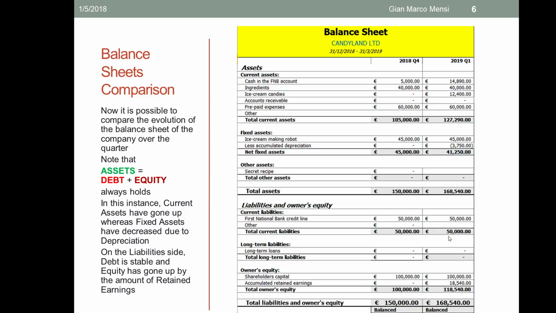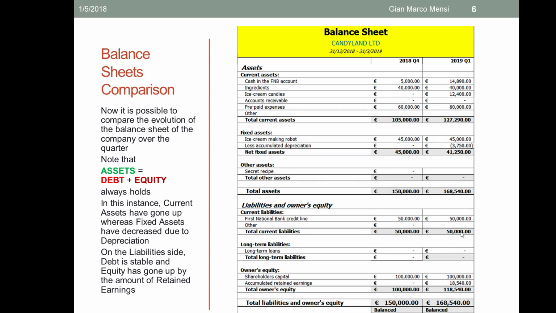What happened to the liability side? That is constant. The debt has generated some interest expenses, but basically the debt is constant. We haven't repaid it, the bank hasn't asked for money back, and we haven't got any new loans.